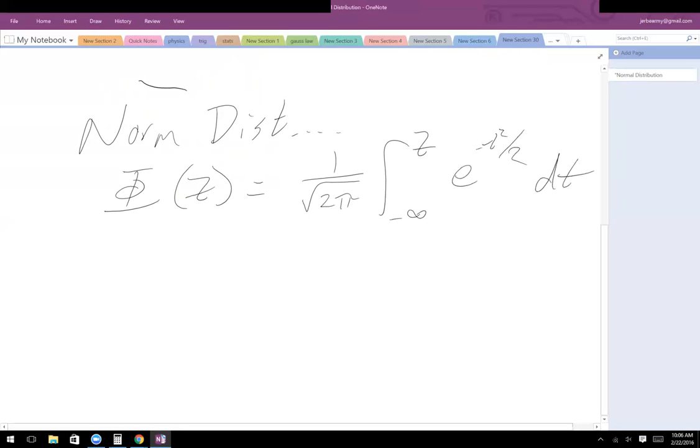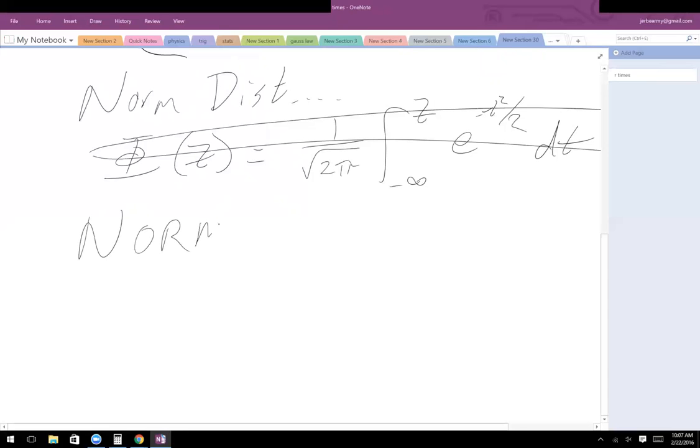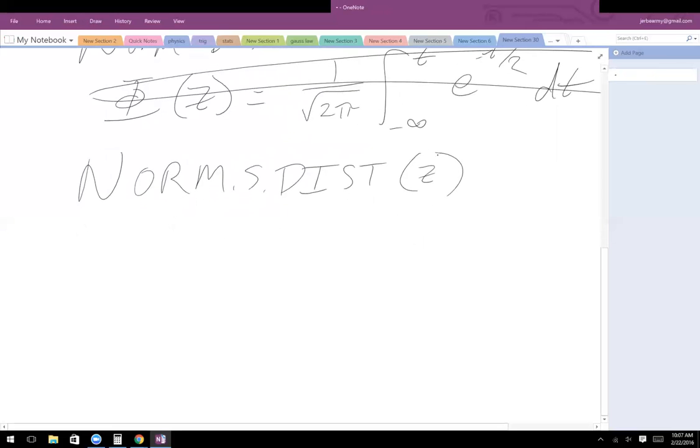Anyway, that's what it is. Don't worry about it. We're never going to see it again. The standard normal distribution in Excel is NORM.S.DIST. And actually, I do need a 1 here.